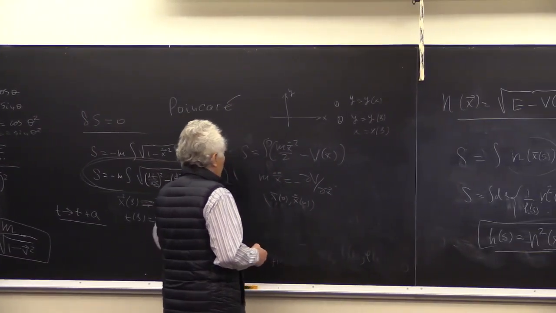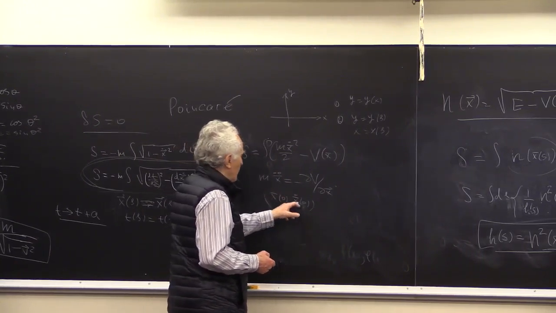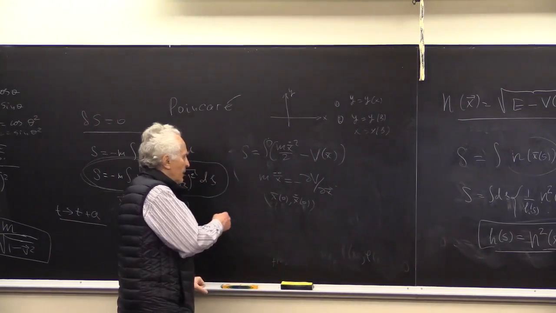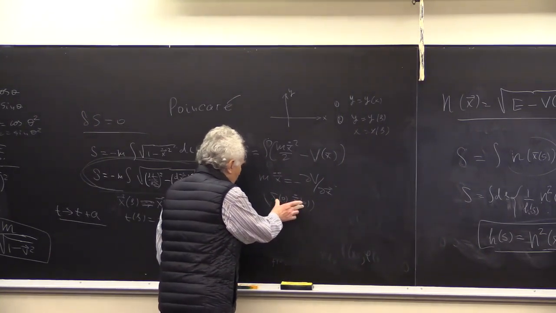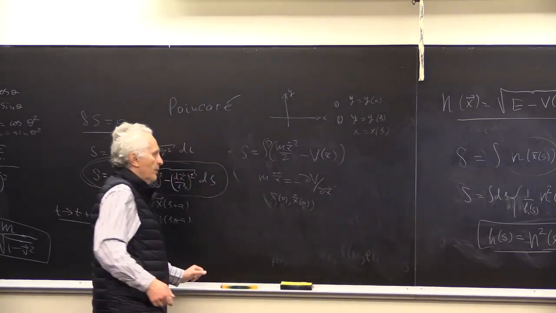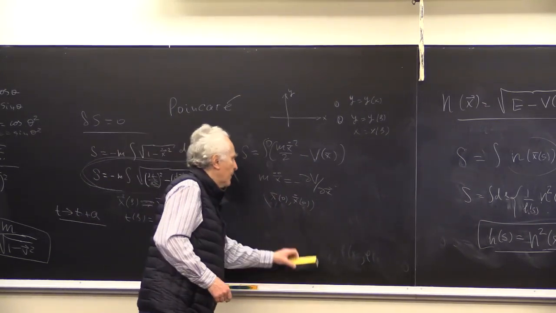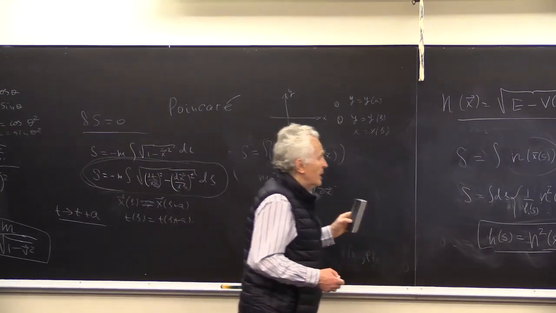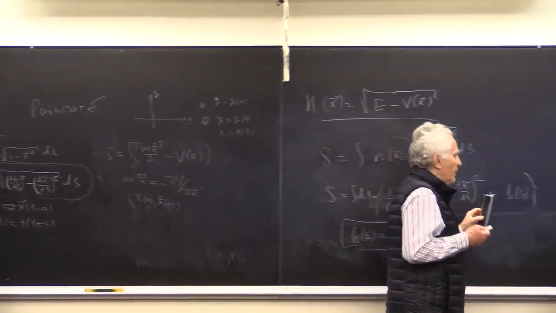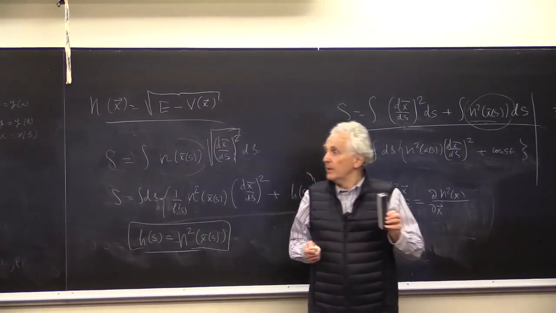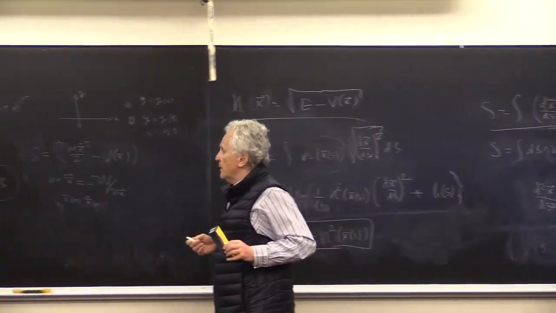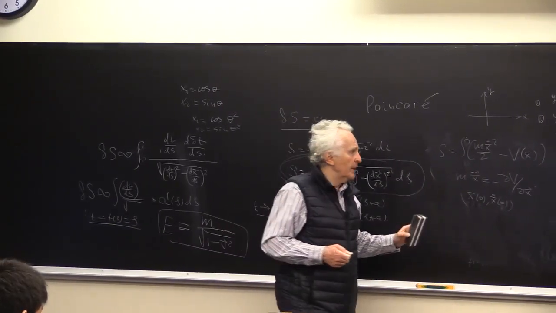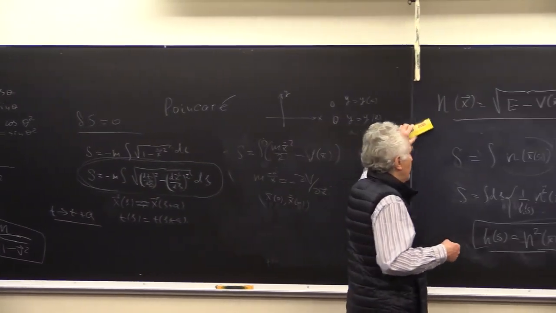Since you have to fix two things here, the dimensionality is double the dimensionality of the original space. You have to fix these two variables. And it turns out once again to be very profitable to write down the action principle in the phase space, not in the configuration space.